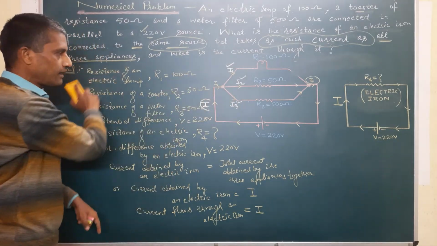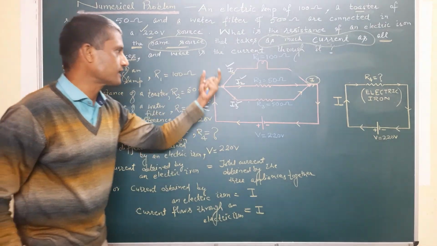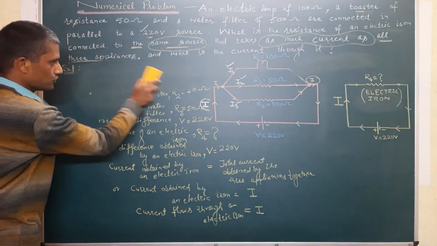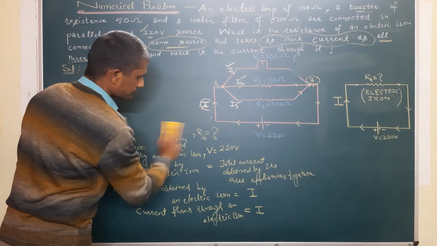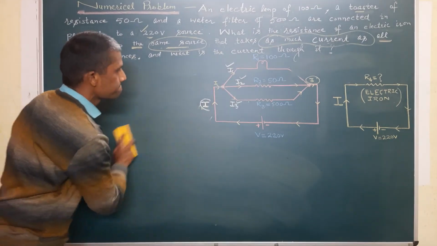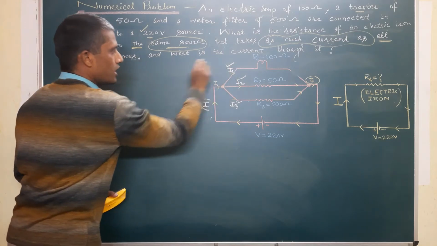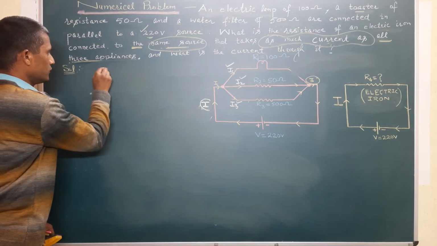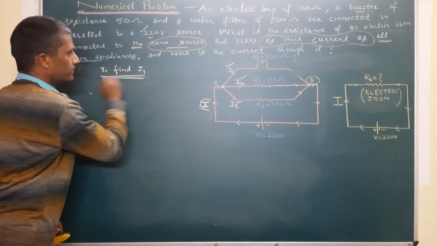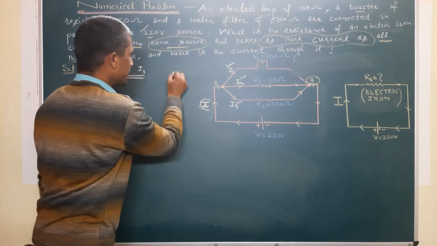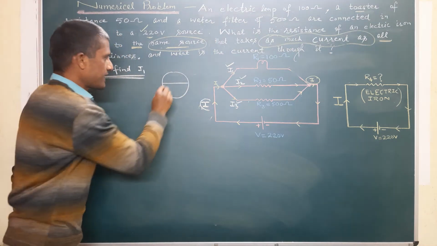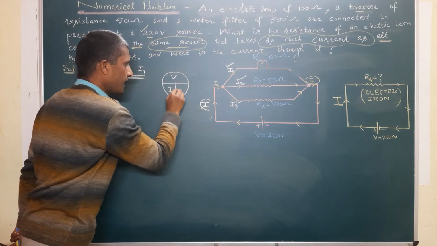I'm going to wipe this away so that you can get a clear understanding. Let us find out I1. To find I1, we use the Ohm's law triangular technique, VIR.